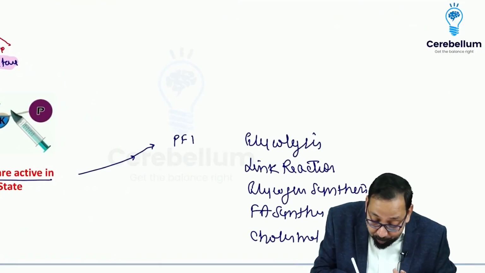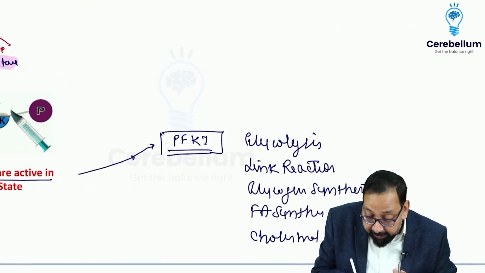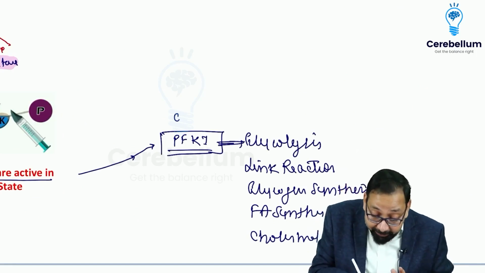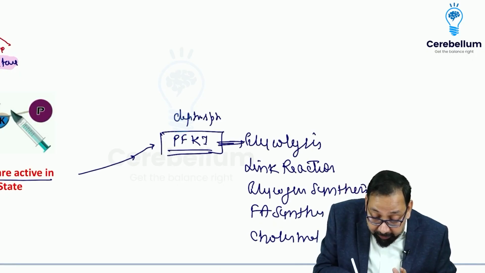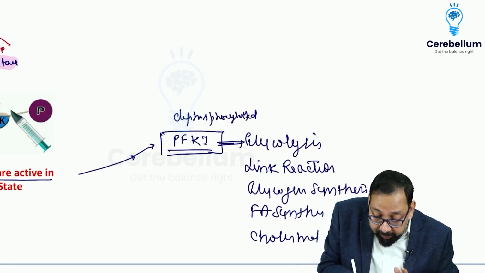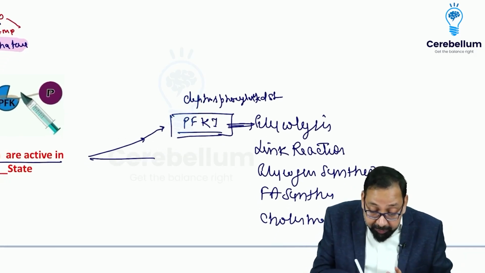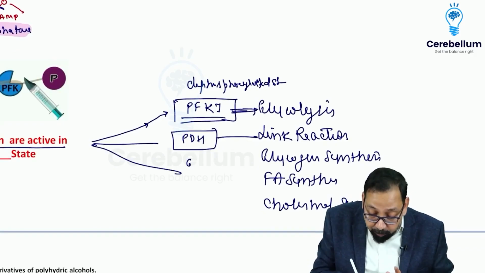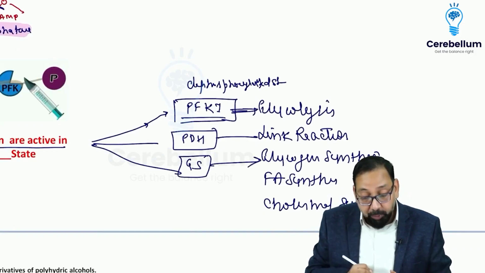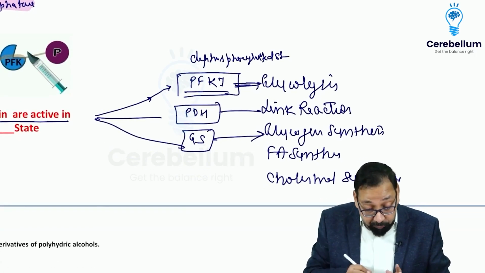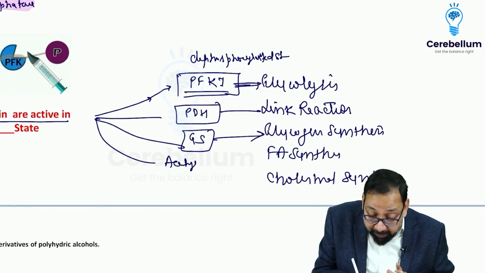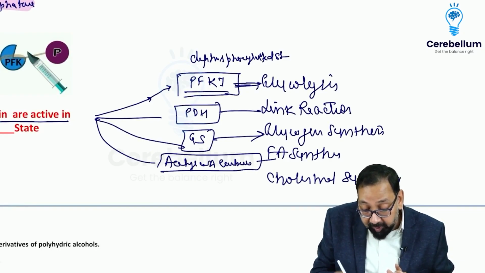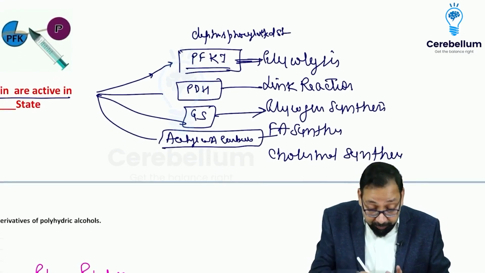So phosphofructokinase 1, the rate limiting enzyme of glycolysis, is activated by insulin and active in the dephosphorylated state. Link reaction, pyruvate dehydrogenase, is active in the dephosphorylated state. Glycogen synthase, the rate limiting enzyme of glycogen synthesis, is active in the dephosphorylated state. Acetyl coenzyme A carboxylase, the rate limiting enzyme of fatty acid synthesis, is active in the dephosphorylated state.